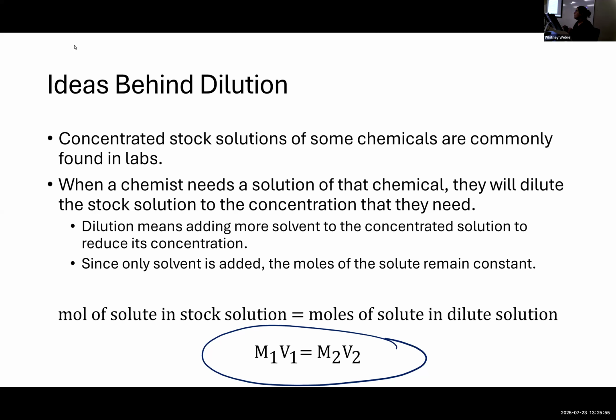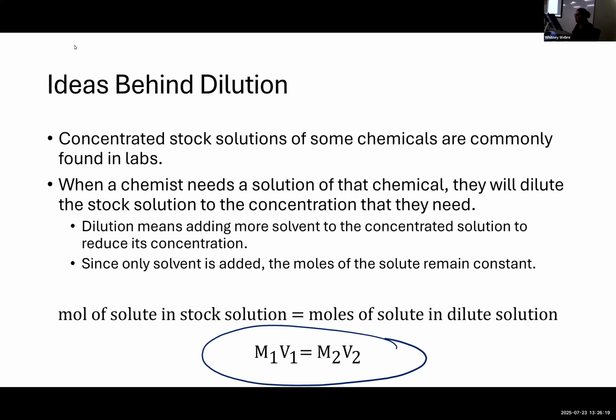We can't always deal with stock, so we'll take the stock and create a new solution using a dilution equation. So when a chemist needs a solution of that chemical, they will dilute the stock solution to the concentration that they need. So dilution means adding more solvent or water to the concentrated solution to reduce its concentration.